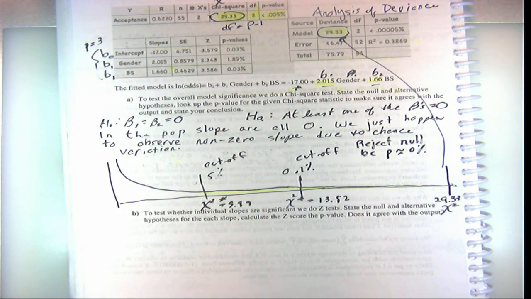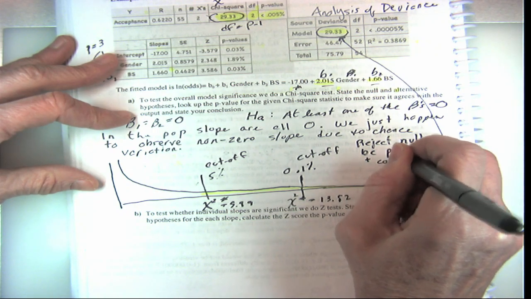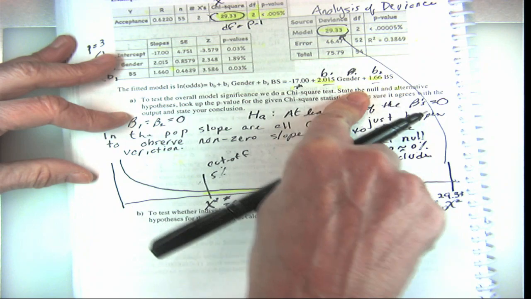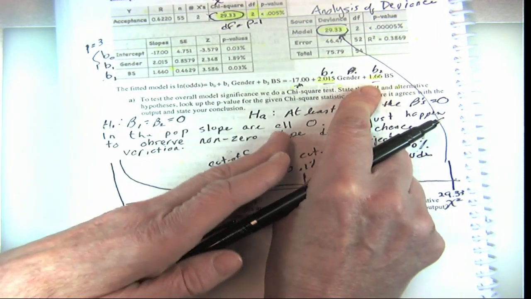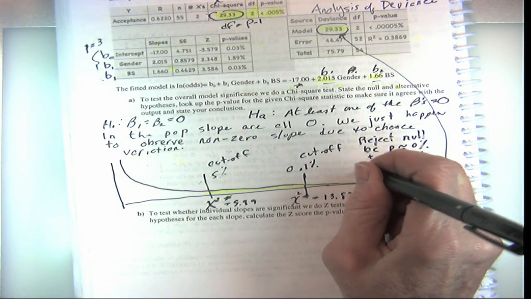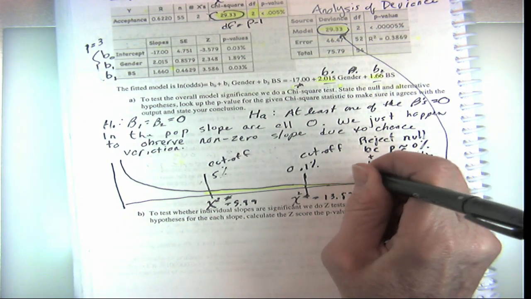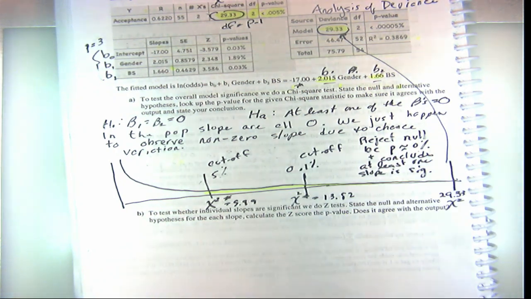And conclude that at least one of our slopes, and we can go with the alternative right here, that we have some significance here. This model has a signal in it that's predicting whether people get into med school or not. It's telling us something. And conclude at least one slope is significant.